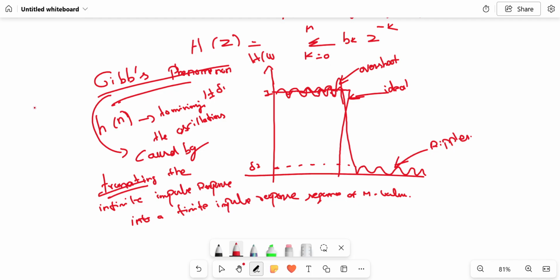So, instead of rectangular windows, we use some cosine based windows, or tapered windows. The cosine based windows are the Hamming window, Hanning window, and Blackman window.